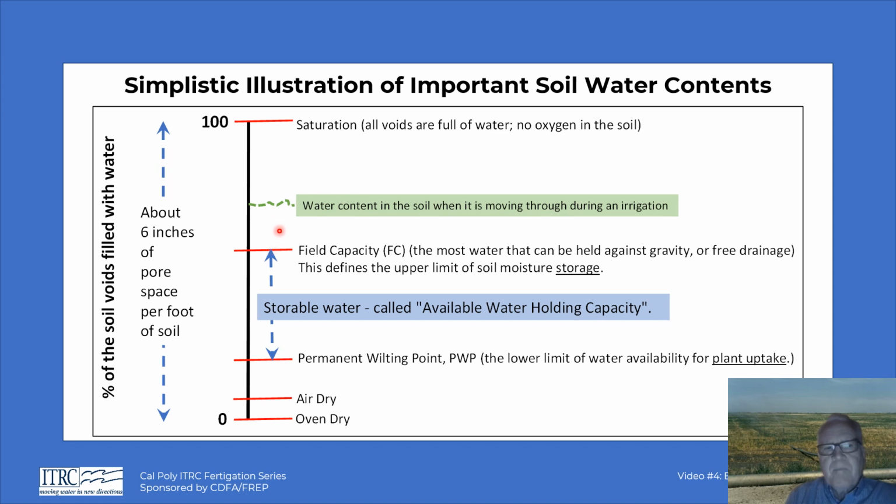In other words, the water up here above field capacity can be used by the plant, but it can't be stored. Then you have this idea that the soil is not saturated when you irrigate, except in some cases, and then you're in deep trouble up here when you saturate everything. So that's at least one depiction of water concentrations.